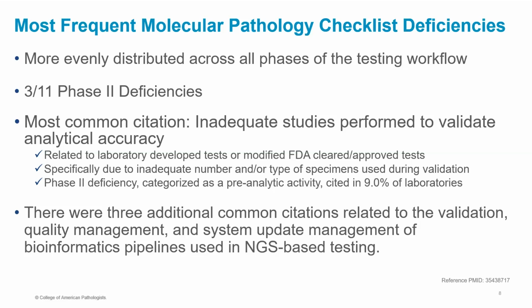This particular citation is related to laboratory developed tests or modified FDA cleared and/or approved tests. It is specifically due to inadequate number and/or type of specimens used during validation. It's a phase 2 deficiency categorized as a pre-analytic activity and was cited in 9% of participating laboratories.